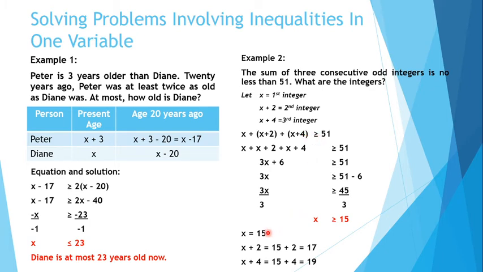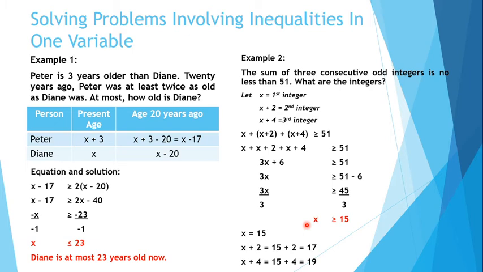Okay. How about if we use other numbers here? You can always use any other numbers to substitute x, so long as it follows our statement that x should be greater than or equal to 15.